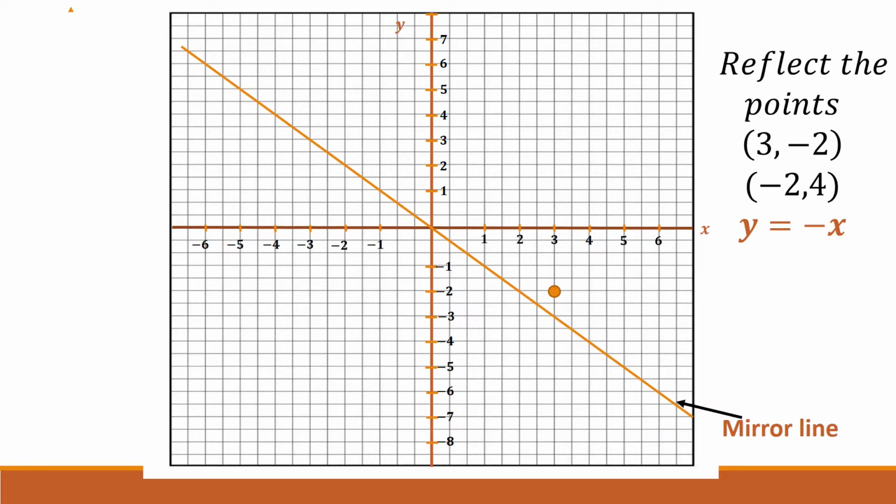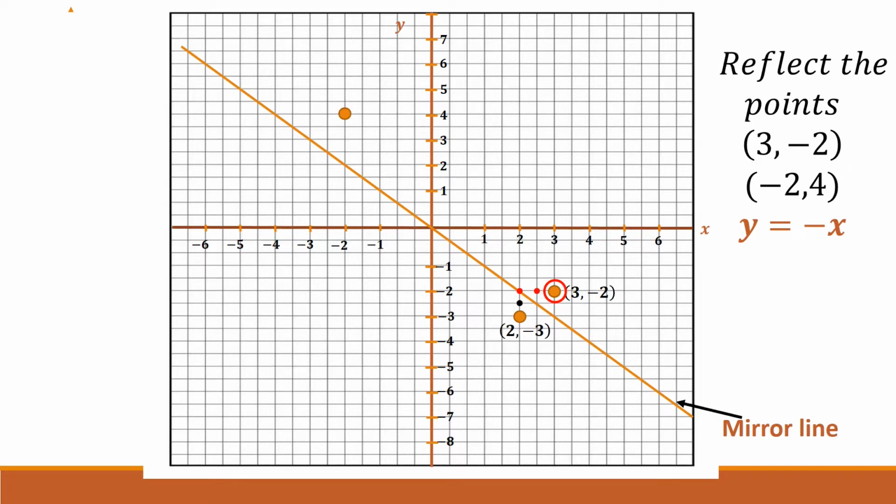And so we pick the first point, which is 3 on the x-axis, then negative 2 on the y-axis. So we move this point towards the mirror line. So let's count 1, 2. So I counted 2 steps to get to the mirror line. In the same way, I'm going to count 2 steps down the mirror line, because remember, this is a slanted mirror line. So we move down 1, 2. So the last point forms the new point, which is 2, negative 3.